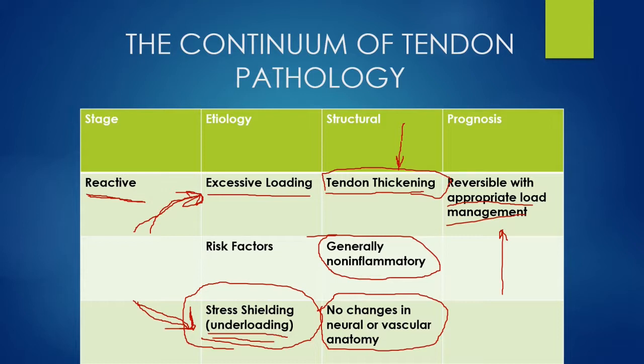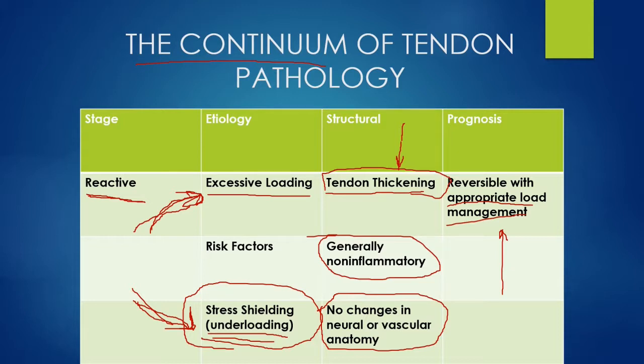What's the opposite of appropriate loads? The opposite of appropriate loads is inappropriate loads. And inappropriate loads will either overload or underload the tendon and will contribute to the continuum of tendon pathology.